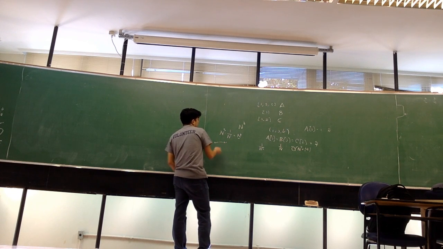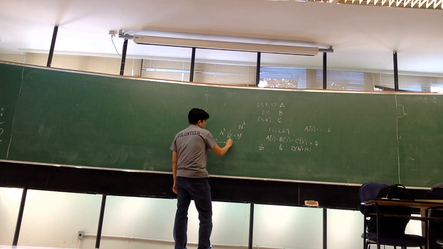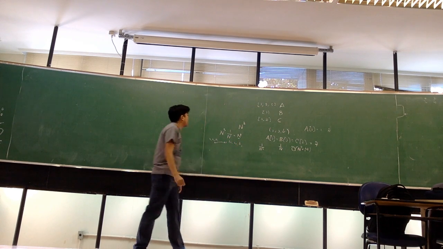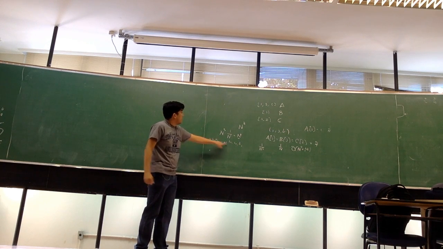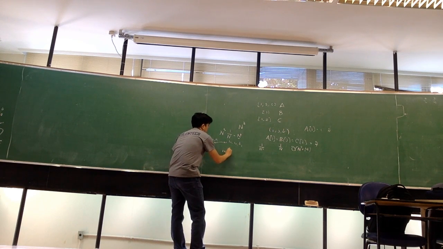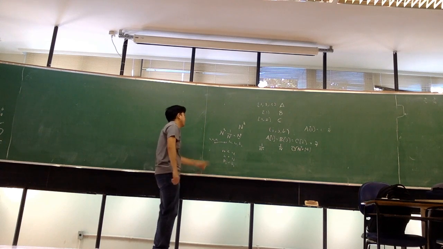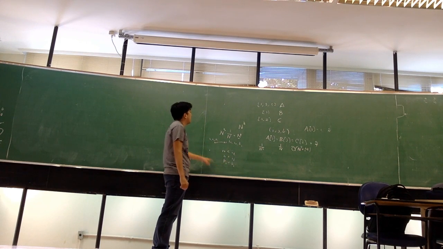In other words, this is i1, j1, k1, and this is i2, j2, k2. You create an edge from this one to this one if i1 is less than i2, j1 is less than j2, and k1 is less than k2.